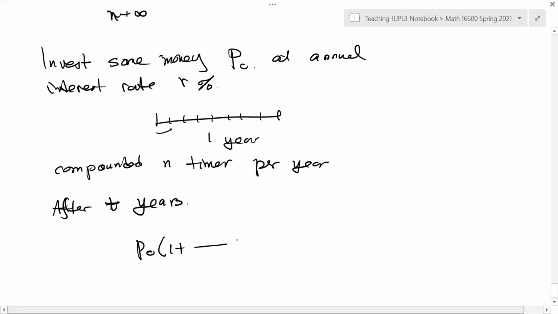I have to convert the percentage: like 3% is going to be r over 100.